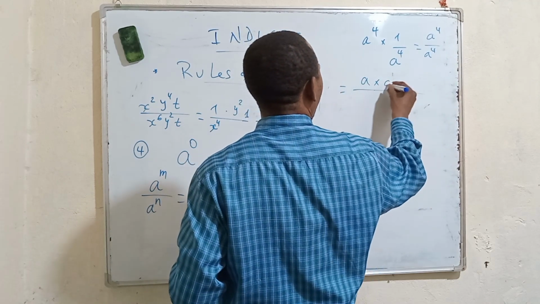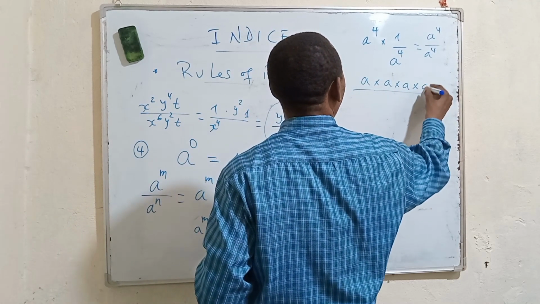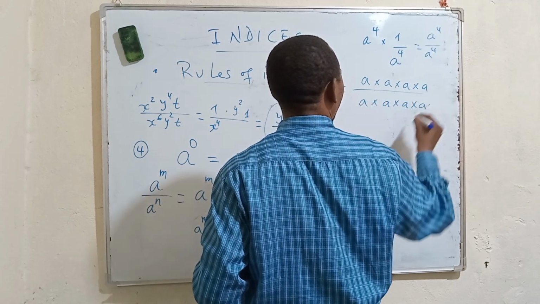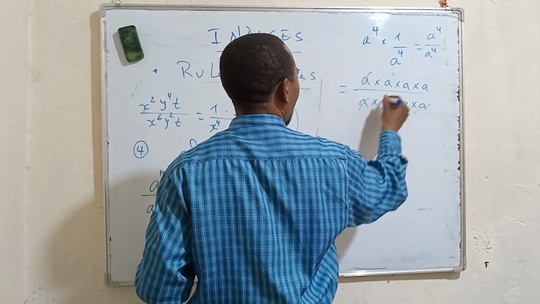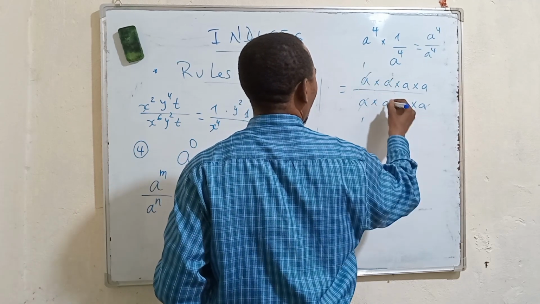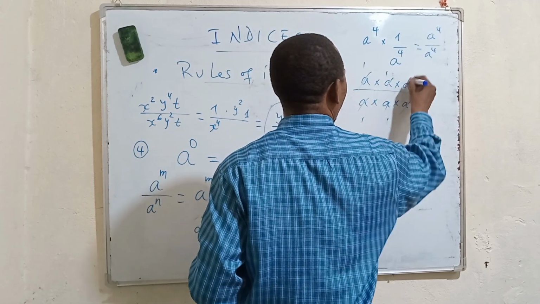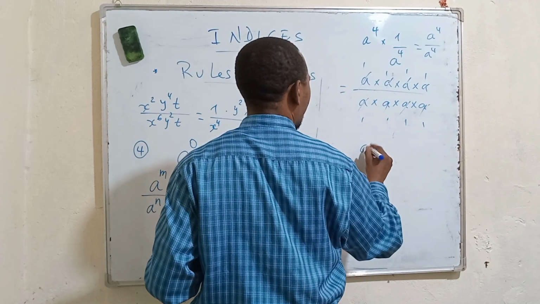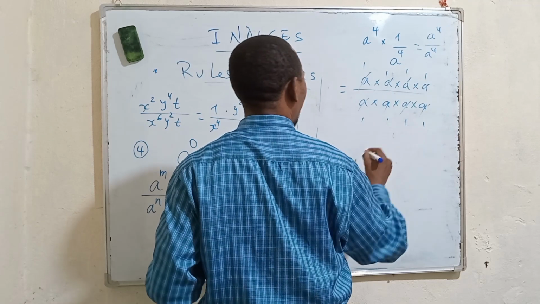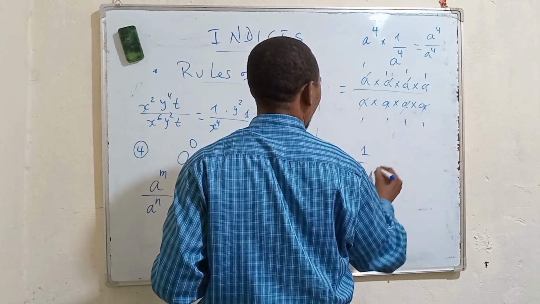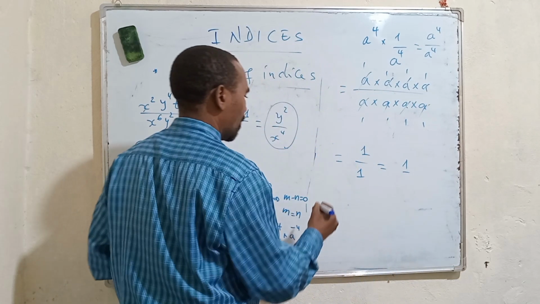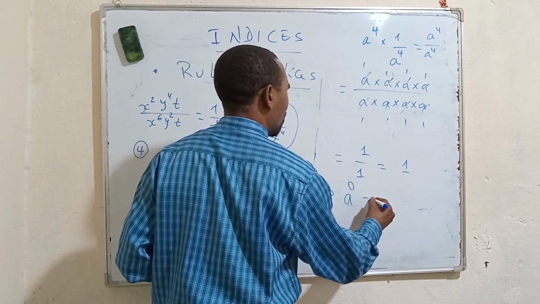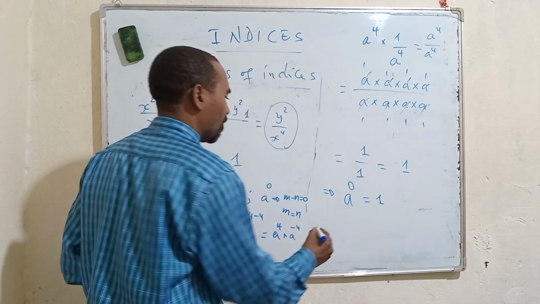This is a times a times a times a, 4 times, over a times a times a times a, 4 times. By simplifying one another, I finally get 1 times 1 times 1 times 1, which is 1 over 1, which is 1. Here, it means that wherever you have a power 0, it is always 1.